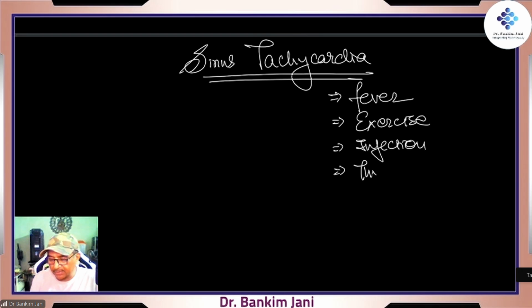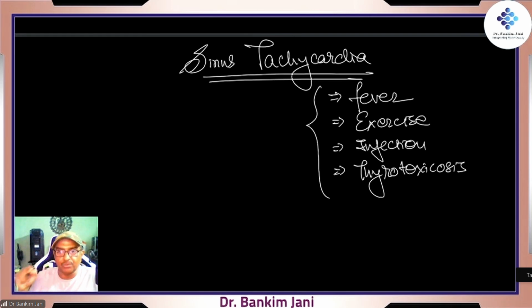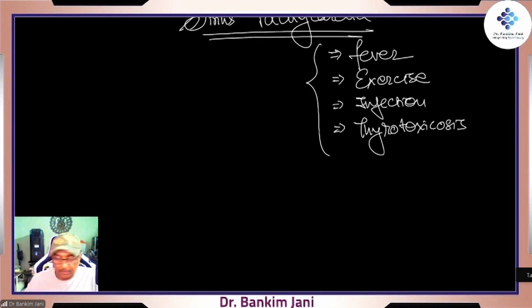Thyrotoxicosis: thyroid handles our basal metabolic rate, and toxicosis means there is overactivity of thyroid, so much so that everything is higher: heart rate increases, perspiration increases, blood pressure increases. So these are when the SA node itself is involved and telling the heart to beat fast.